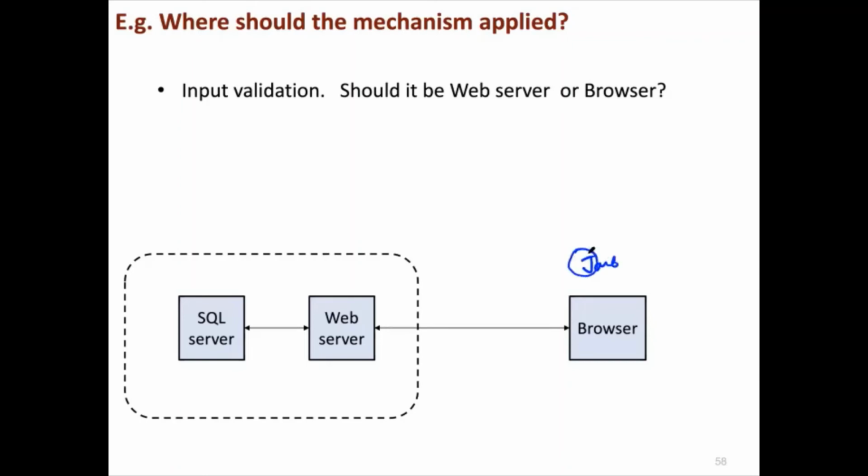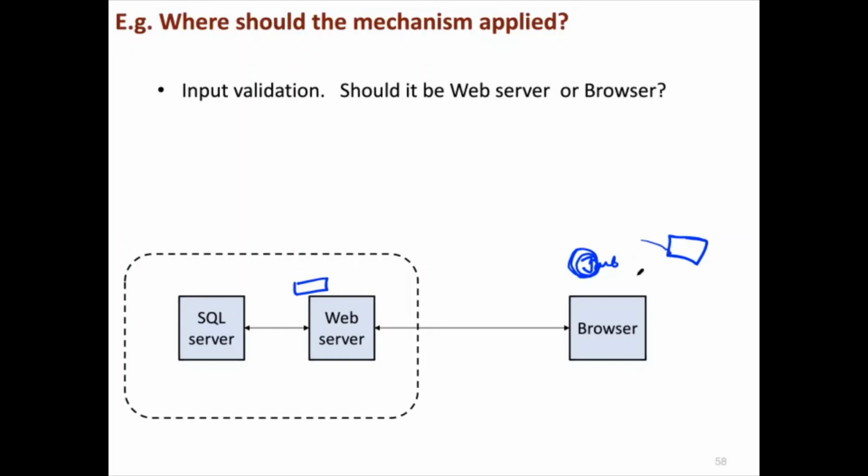When the user keys in the input, it will be sent to the web server, and the web server will, for example, make an SQL query. The input of the SQL query is entered in the browser, sent to the web server, and then sent to the SQL server.